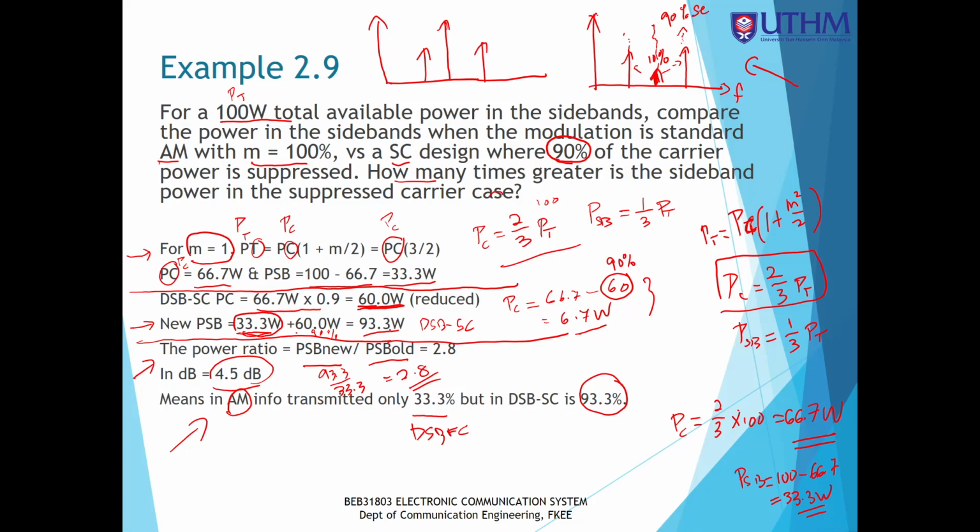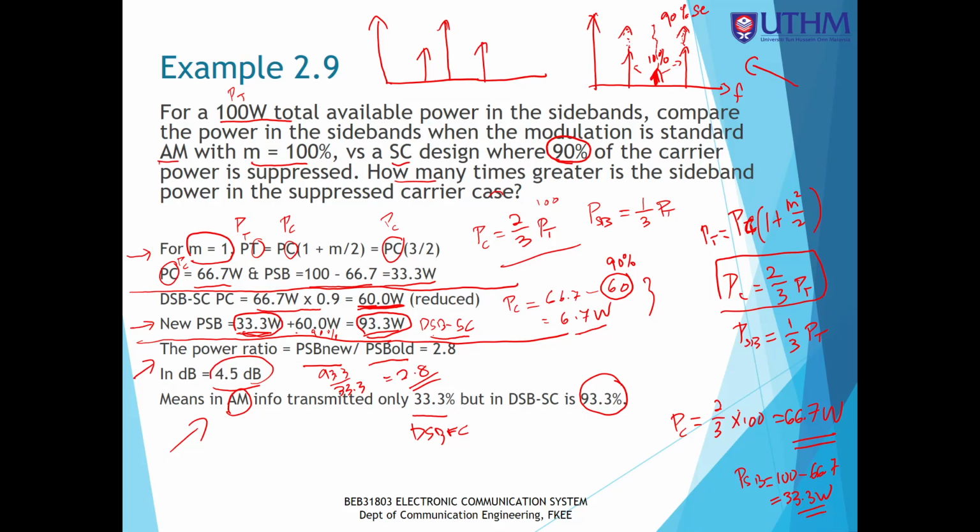So the sideband power increased to 93.3 watt. This 93.3 watt belongs to the sideband power for the double sideband suppressed carrier case.